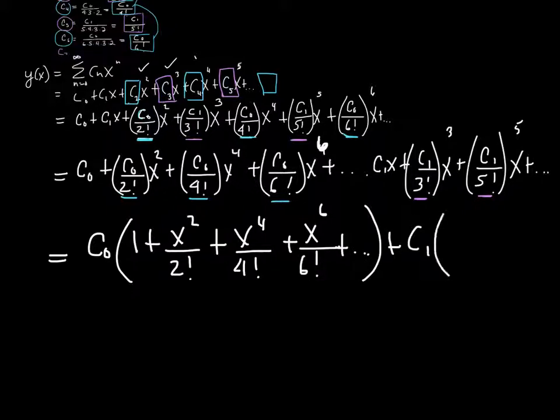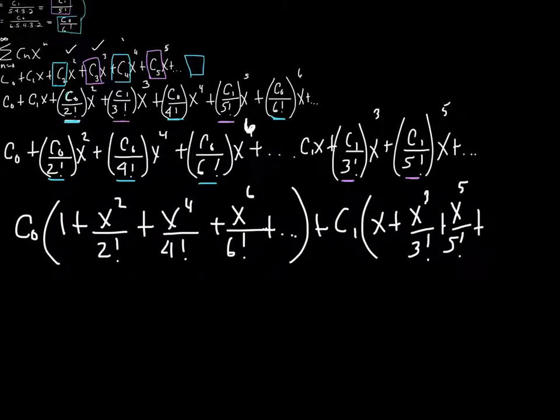Plus, similarly with C1, we have x plus x cubed over 3 factorial plus x to the 5th over 5 factorial plus dot dot dot.